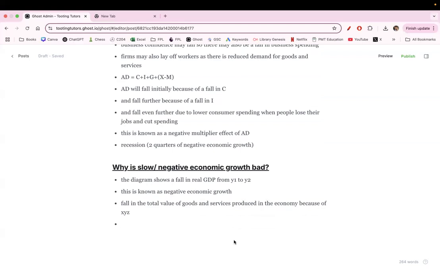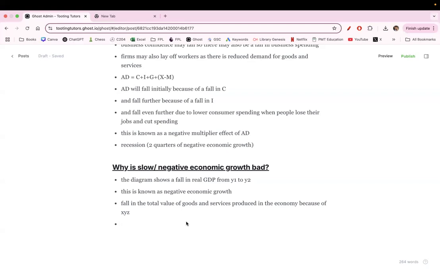Well, we won't have enough things for us. Like there's not enough products and goods and services. What will firms do if they don't have enough stuff that they need to make? Import? No. If businesses don't need to do anything, what will happen?